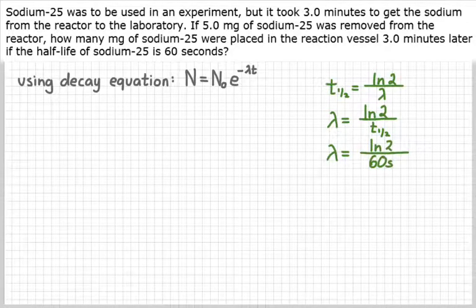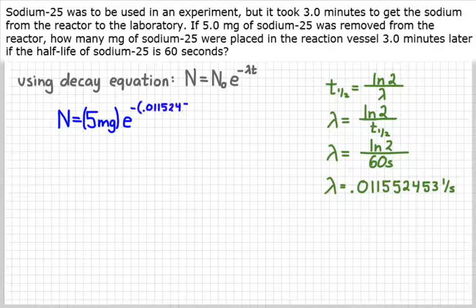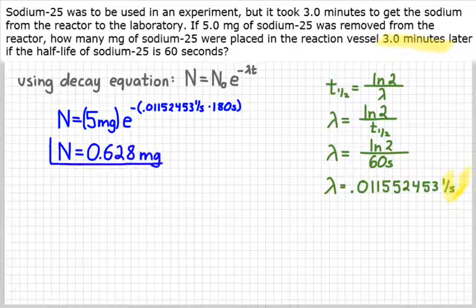And so I just do natural log of 2 over 60 seconds. Which, if you wanted to get a value for that number, would be something like that. And so I plug that in for the decay constant, making sure that we take the 3 minutes of time and get it in the same unit as our decay constant. So instead of 3, I need to use 180 seconds. That would give us a number something like that.